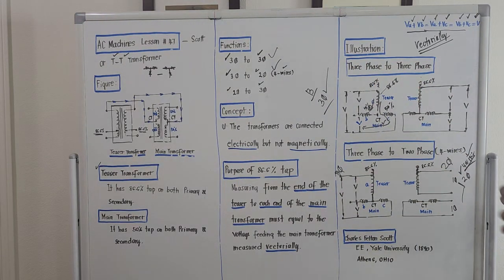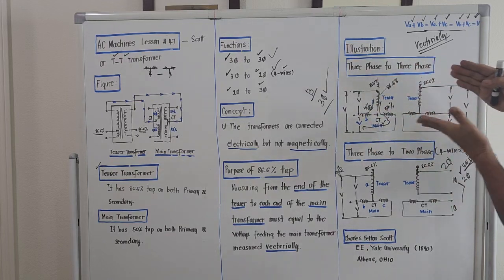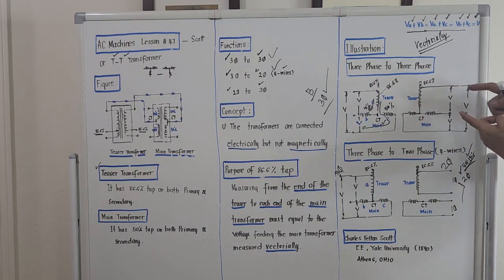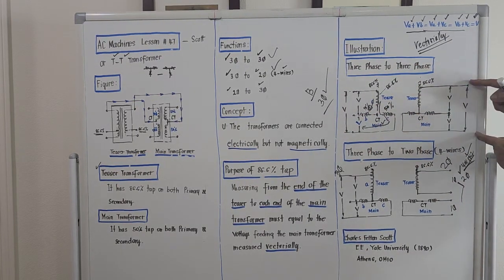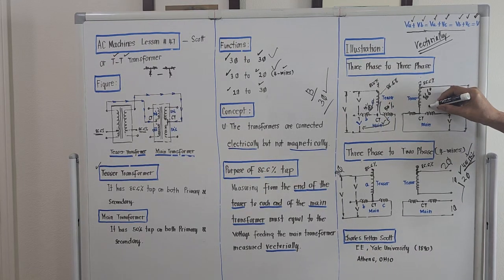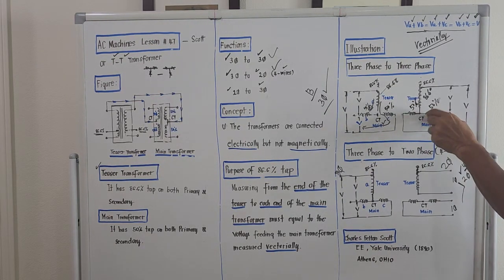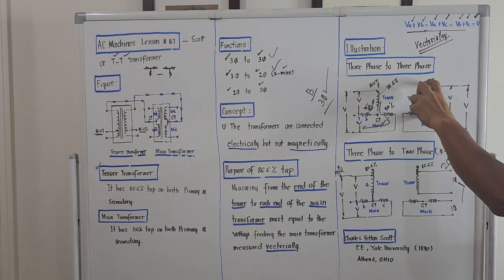Three voltages which are equal, V, V, V on the secondary. If this is the 86.6% tap, and this is 50%, and this is 50%, there must be a reason behind why this is 50%, this is 50%, and this is 86.6%.